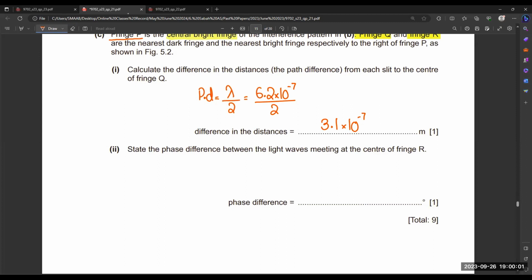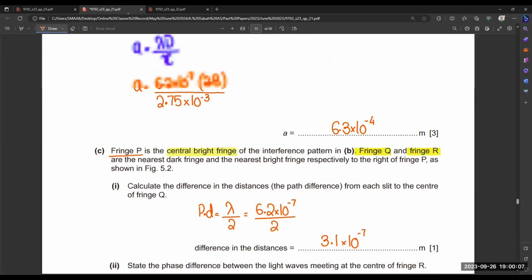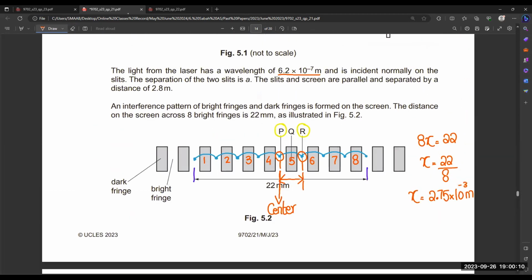So any idea about the phase difference? For the phase difference, can you go back up to the picture? Isn't it either going to be 180 or 360? Yes, so actually this will be equal to 360, right? Okay, but how do we calculate that again? Because we know that if we start from P and then at R, you will take a complete round, so that will be equal to 360, right?